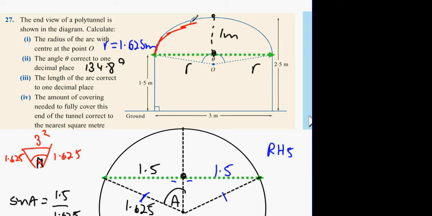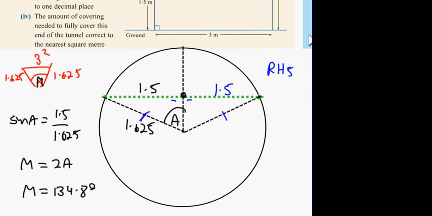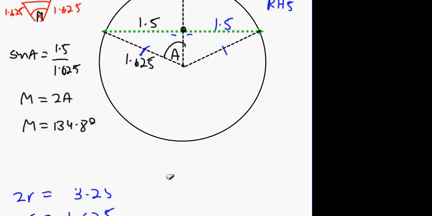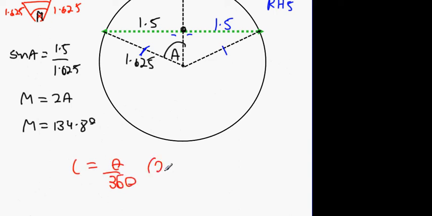Now, calculate the length of the arc correct to one decimal place. The arc is this red line here. Okay, the outer perimeter. So what we say here is this. We're going to say that the arc length L equals theta over 360 by 2 pi r.